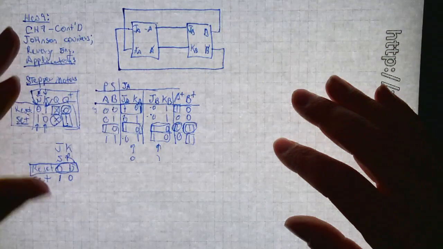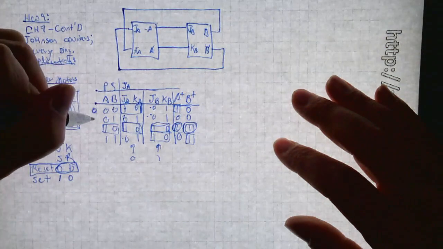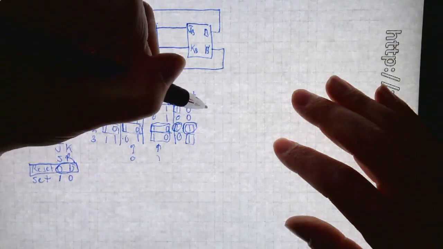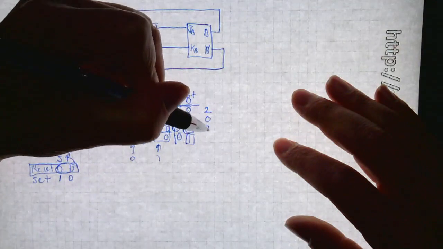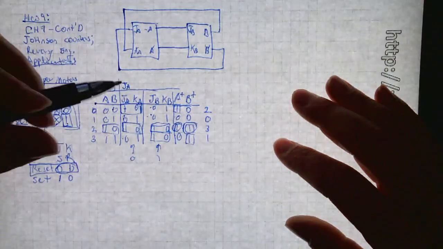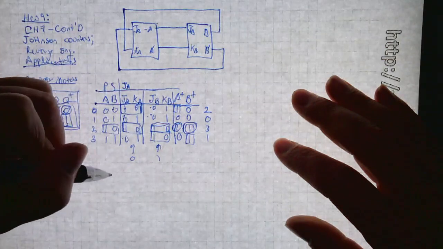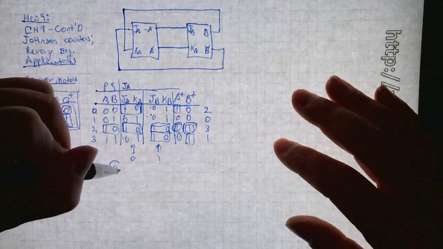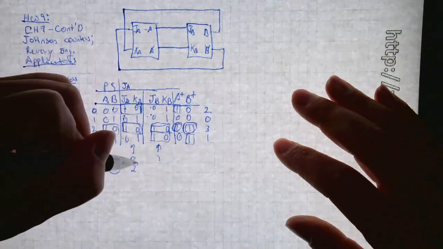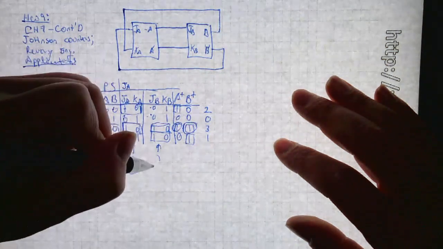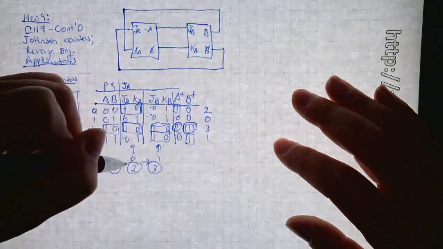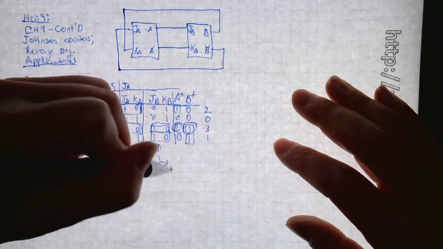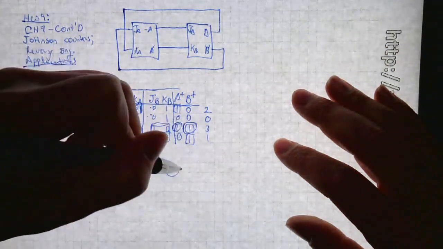Sure. So now let's number these things: 0, 1, 2, and 3. And let's number the next states: 2, 0, 3, and 1. So now I can write out present state, next state as a finite state machine diagram. 0 transitions to 2. 2 transitions to 3. 3 transitions to 1. 1 transitions to 0.